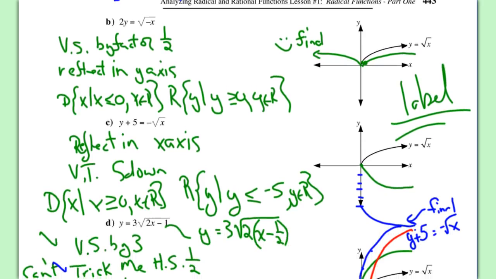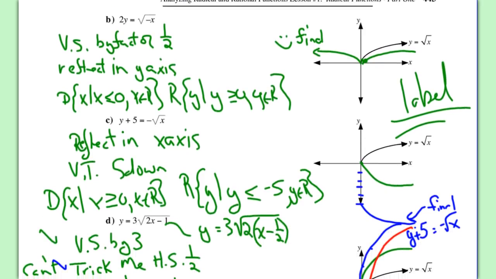In C, it's reflected in the x-axis, vertically translated 5 down, so there isn't any stretch. So it's the same graph, just reflected down, and then it is, as we showed here, moved down 5.